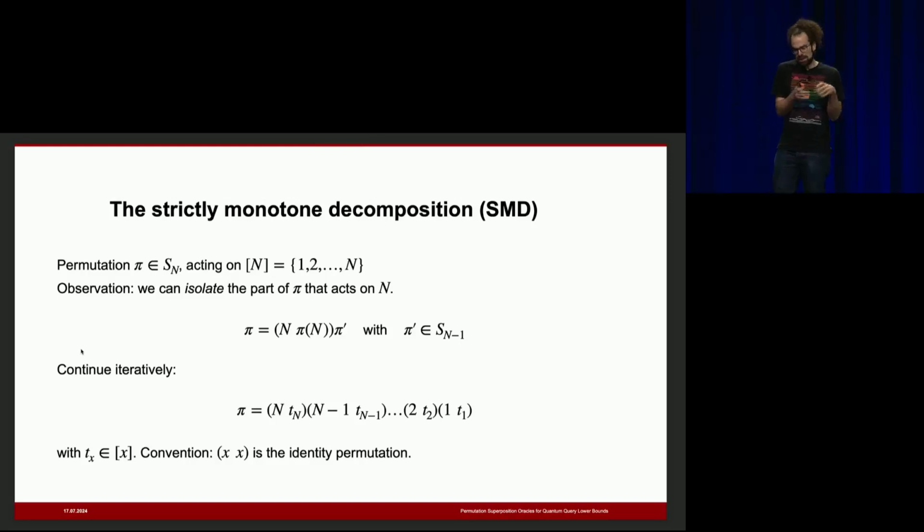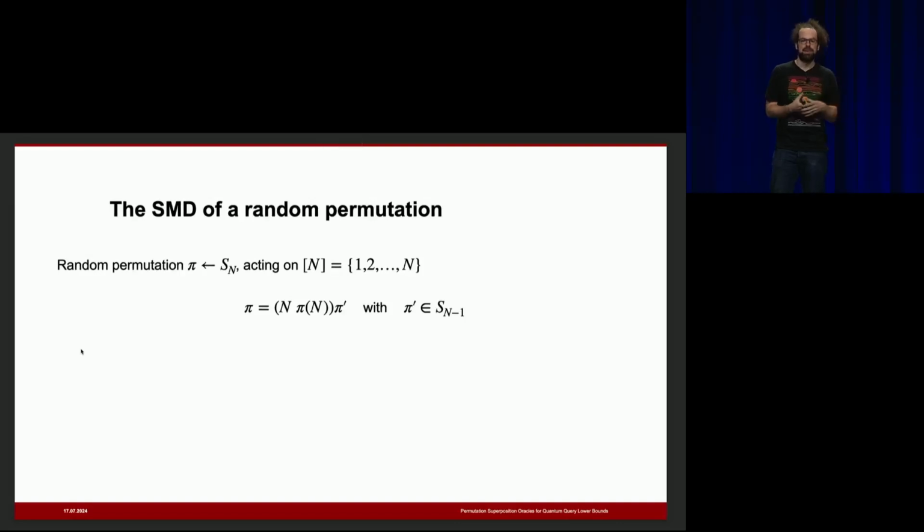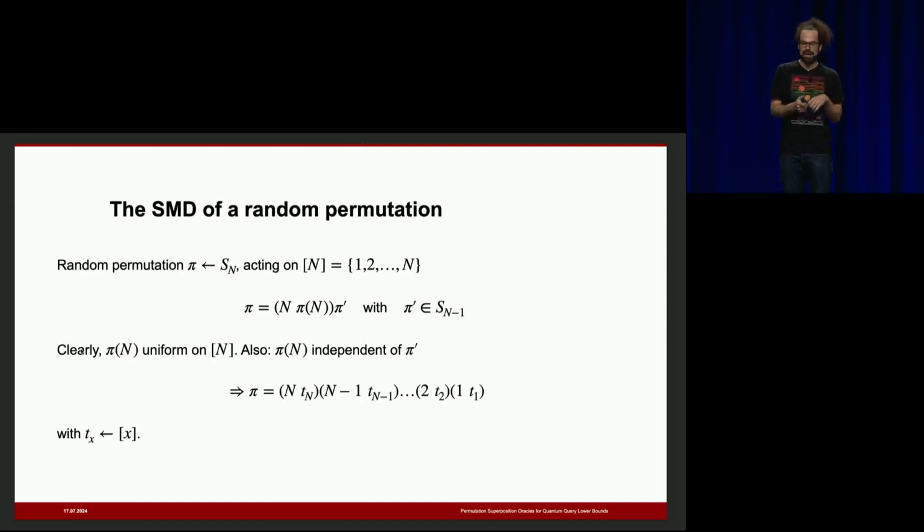This very structured way of decomposing a permutation into transpositions turns out to have useful properties in the context of a random permutation. The first observation is, of course, that pi of n is uniformly random, as any output of a random permutation is uniformly random. But in addition, it turns out that pi prime is independent of pi of n.